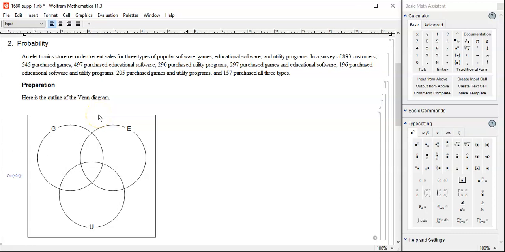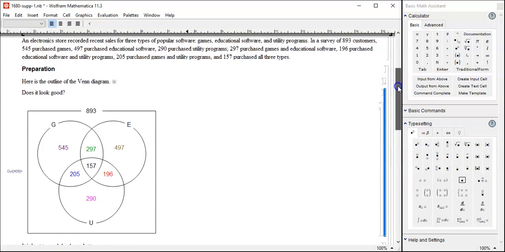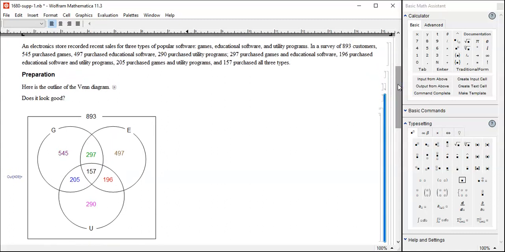And then 545 purchased games, so 545 here, and 497 purchased educational software, 497 here, and 290 purchased utility programs, 290 here, and so on and so forth. If you do that, you may end up with something like this. Does it look good?